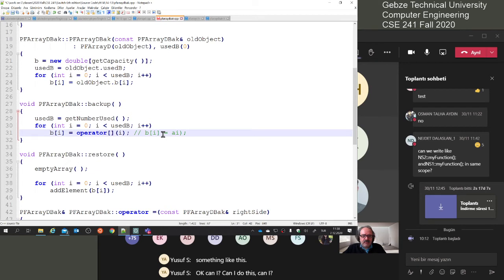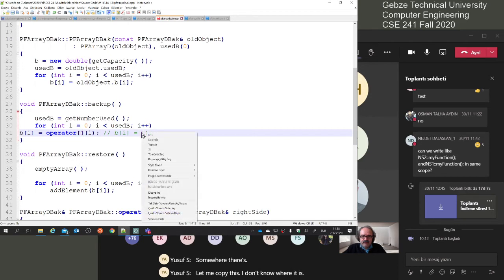An index operator? Where is my index operator? I'm trying to find the index operator position. I think it was somewhere here, somewhere there. Let me copy this. I don't know where it is.